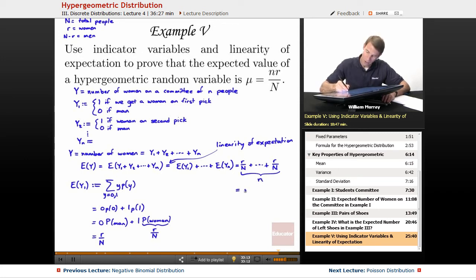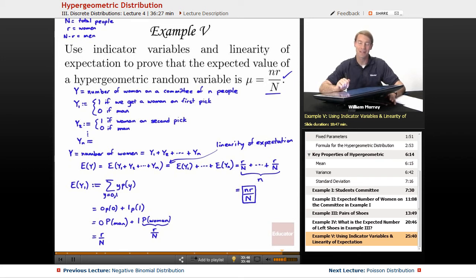So what we get here is little n times r over capital N. And so that is the expected value of our random variable. That's the expected number of women on our committee. And of course, that checks with the value of the mean that I gave you way back on the third slide of this video. So that's really where that number comes from. Now you have the derivation to back it up, and now you hopefully understand it yourself.